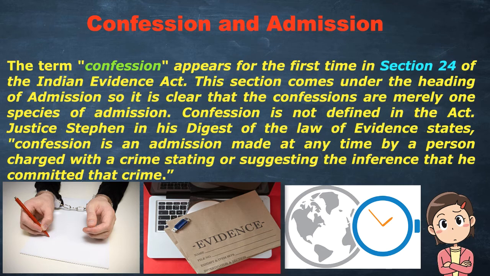It can be understood thus: if a conviction can be based on the statement alone, please pay attention, it is a confession; and where some supplementary evidence is needed to authorize a conviction, then it is an admission.